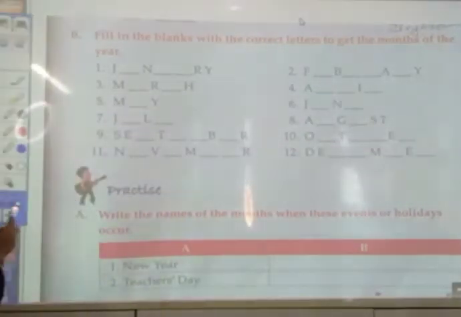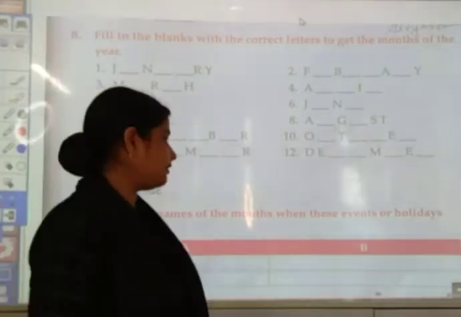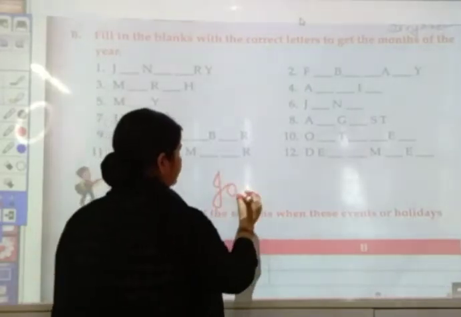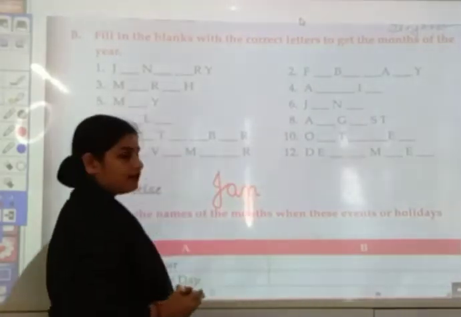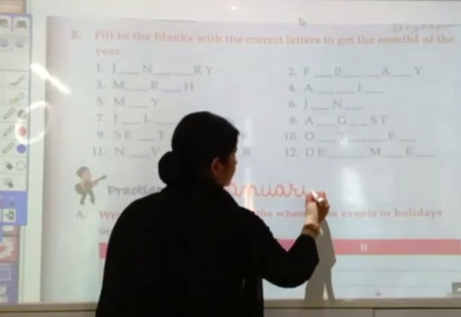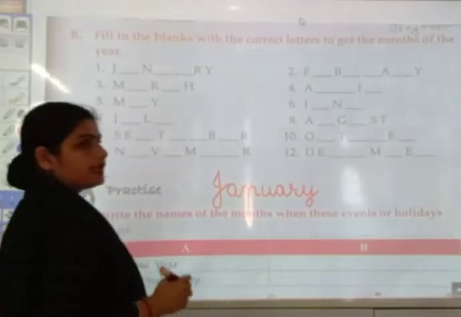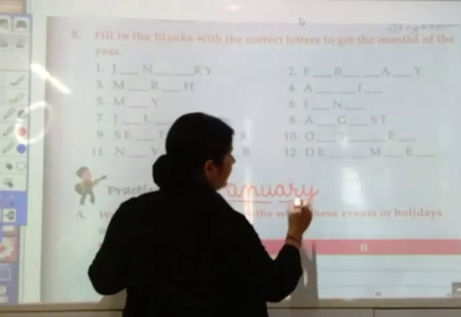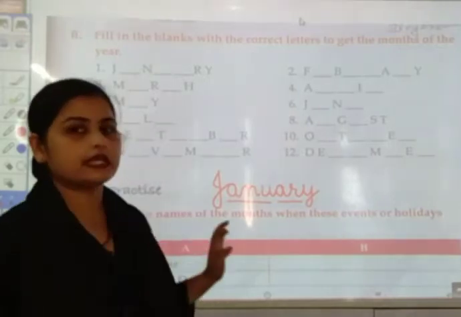So here we go. The spelling of January is J-A-N-U-A-R-Y. I am writing here first. First we will learn the spelling, then we will write. Jan, Janu, Ary, January.